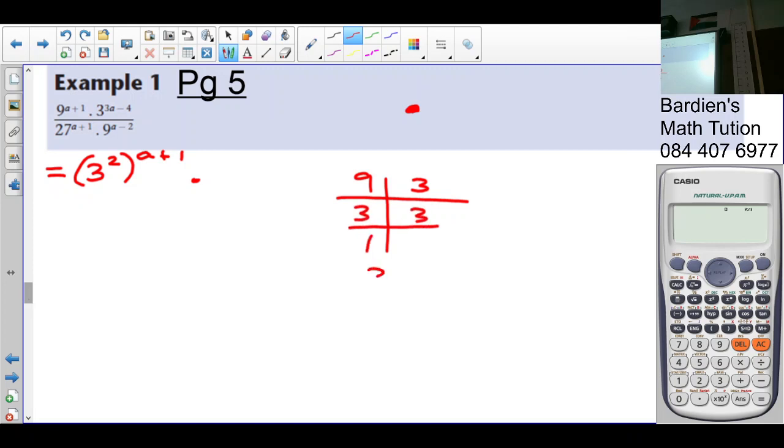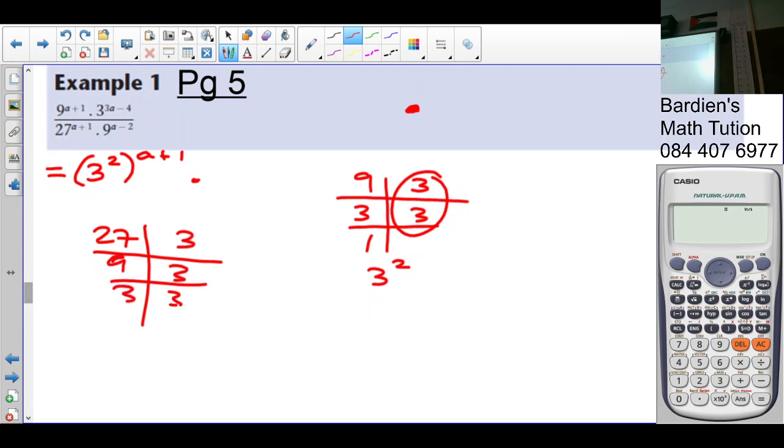So this can be written as 3 squared. If you're looking at 27, the smallest prime number that goes in will be 3, which is 9, 3, 3, 3, 1. So it's going to be 3 to the exponent 3. And 9 is there. I don't have to do it twice.